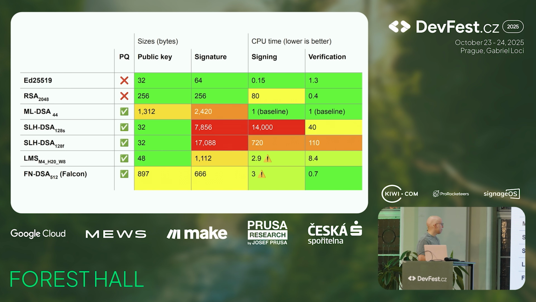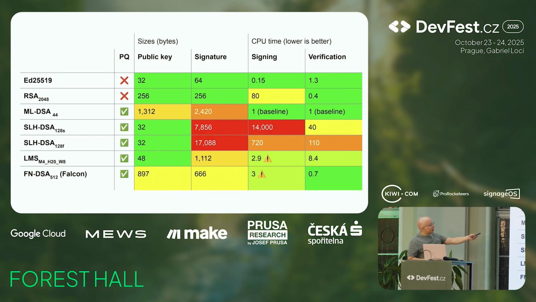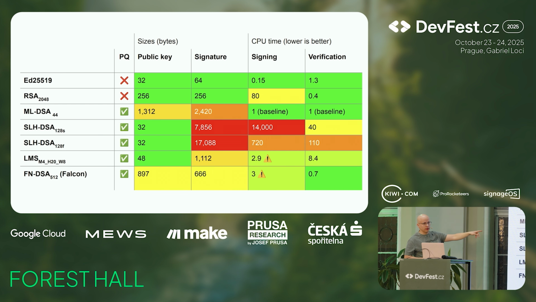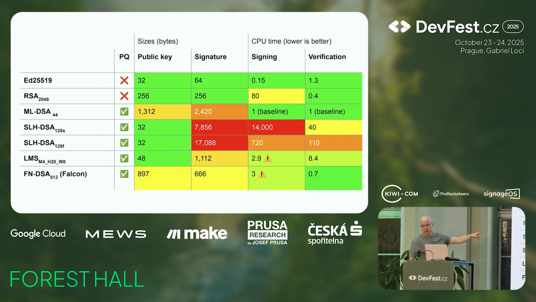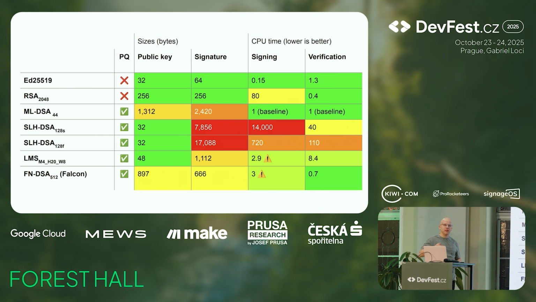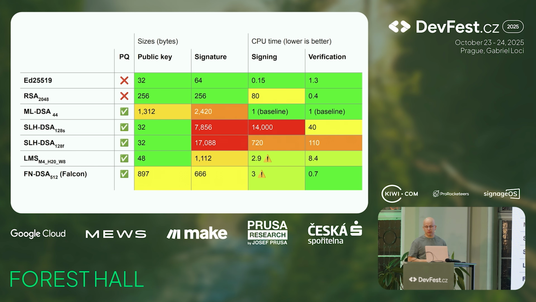It really depends. And then again, the CPU time, right? So for example, SLH-DSA takes quite some time to sign, right? But it's quite fast in verification. Again, if you're making a signature once a month, it doesn't really matter. But if you need to do it each second, like really millions of them, now it's obviously becoming a problem.